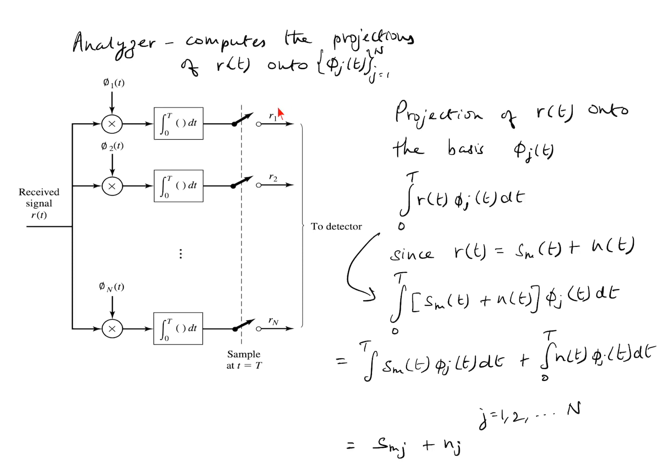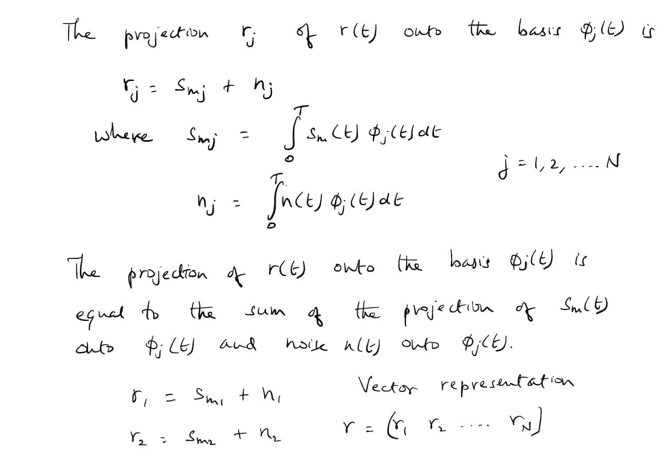So that way we can find the projections on all the n basis functions, and we see that the projection of the received signal is the sum of the projection of the corresponding transmitted signal and the noise signal onto a particular basis function. That is what we are trying to highlight here in more detail. So the projection Rj of the received signal is the sum of the projection of the transmitted signal onto that same basis function and the projection of the noise signal onto that same basis function.